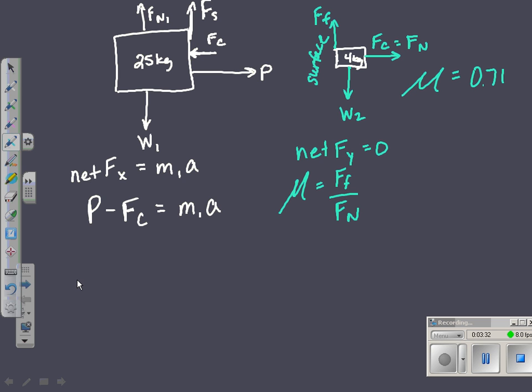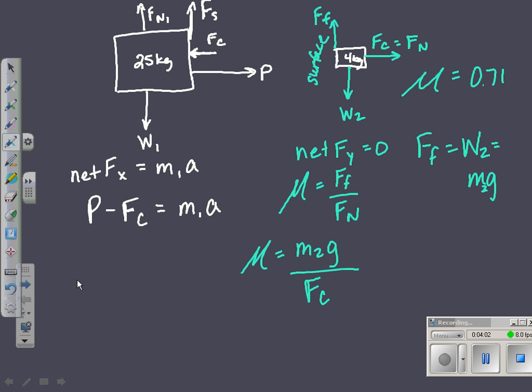Well, since we were able to say that the net force in the y direction was 0, that would mean that our friction force had to equal W2, which also means that it equals mass times gravity, M2 times gravity. So we can plug that in. Mu equals M2G over, now we also said that our F of N was equal to our F of C.